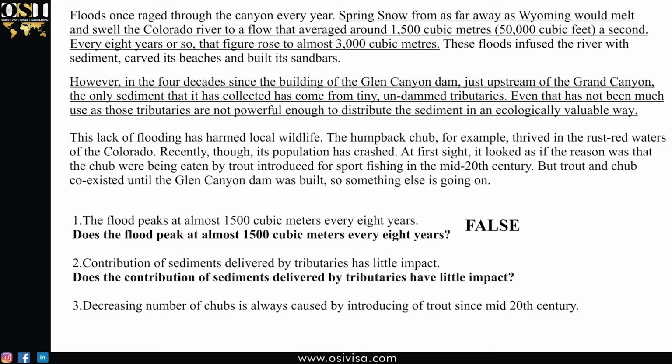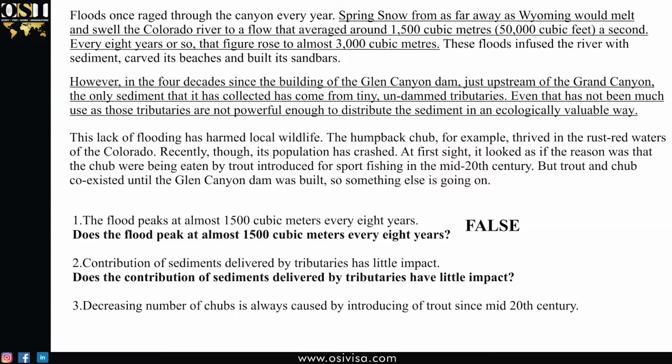comes from tributaries. But anywhere in the paragraph there is no talk about whether or not it has an impact on the Grand Canyon. It mentions that it has come from tiny, undammed tributaries. It says clearly here that the only sediment it has collected has come from tiny, undammed tributaries.